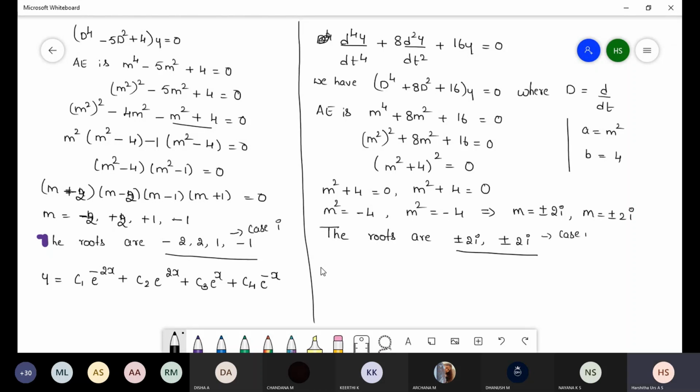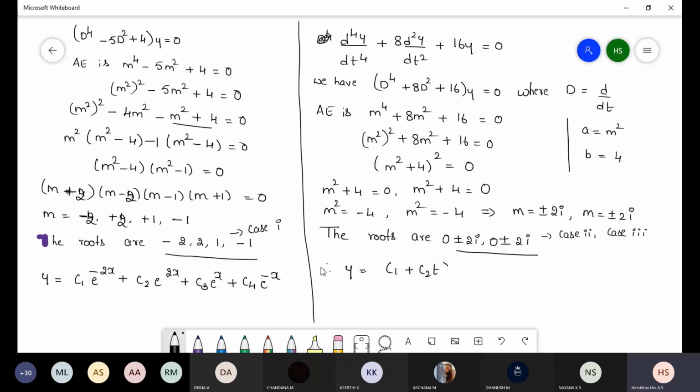Combination of case 2, comma case 3. Because first it is repeated, then it is with a complex pair. So here p they have not given, so you can write 0. Therefore y is equal to, repeated means first we have to write c1 c2. Here in terms of x they have not given, so in the place of x they have given t.